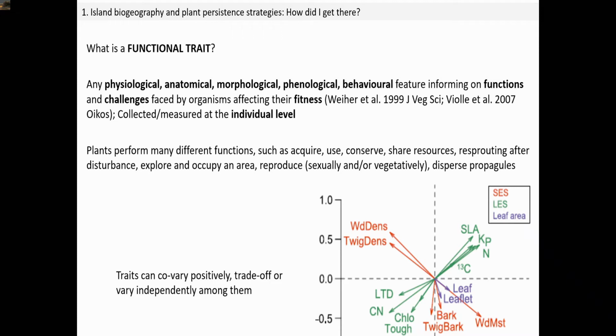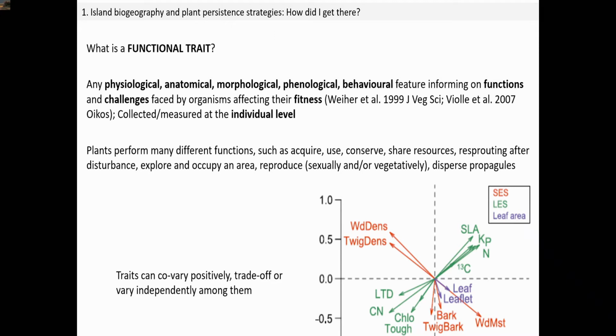So traits are generally co-varying positively, or they may trade off, so varying negatively, forming a functional spectrum, or sometimes they can also vary independently, so identifying separate functional axes.